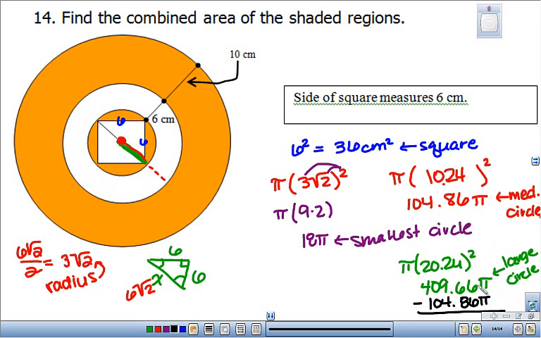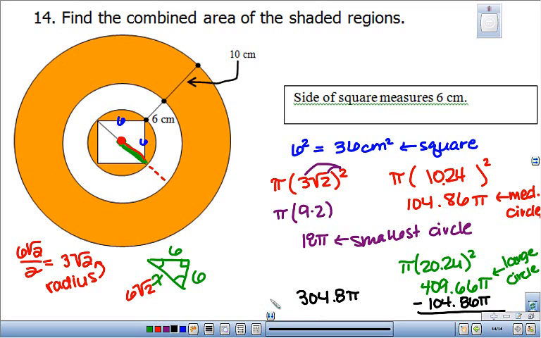These both do have pi in them, so I can just subtract the coefficients. So 409.66 minus 104.86 is 304.8. Don't forget the pi. Okay, so that's this orange annulus.